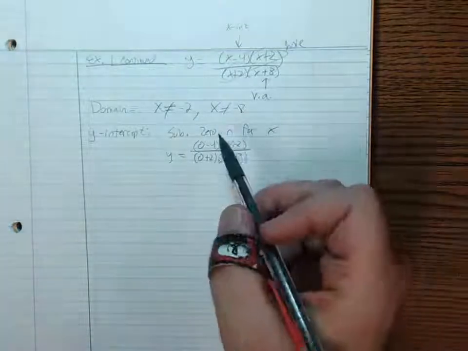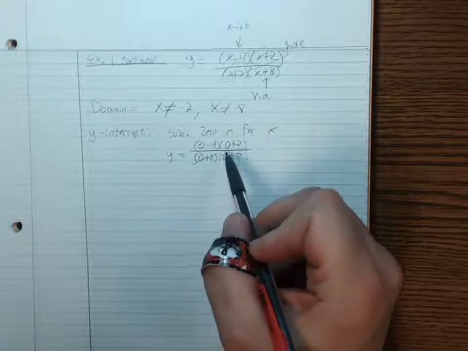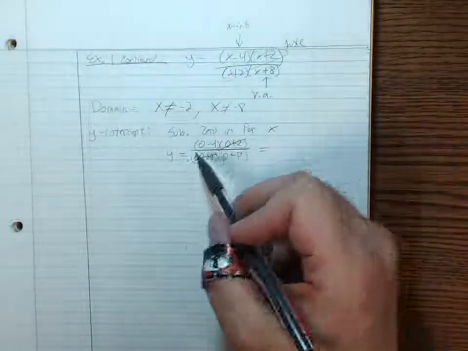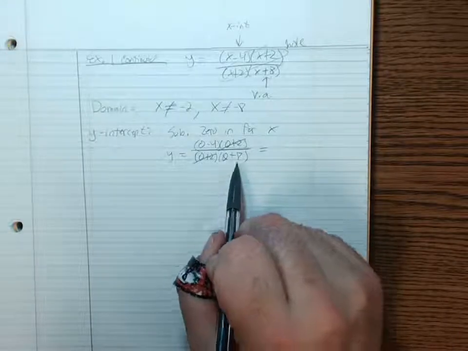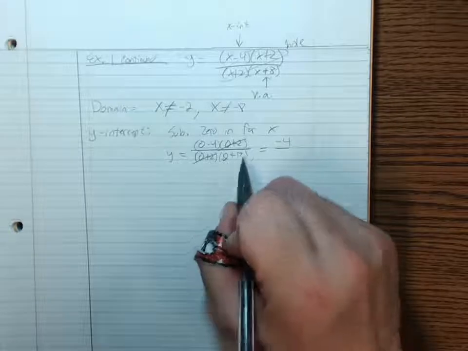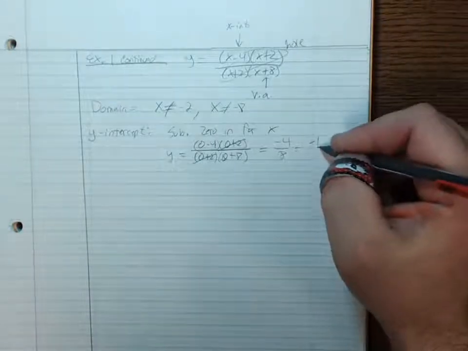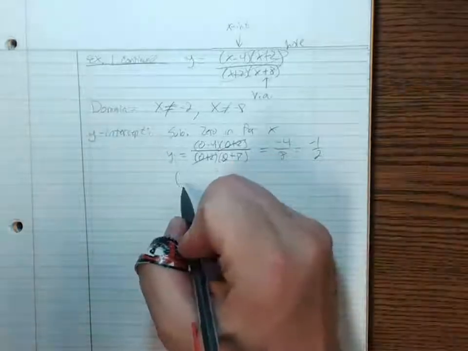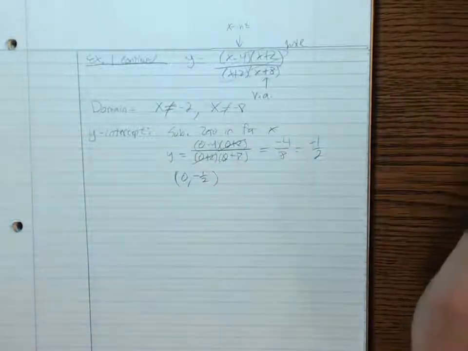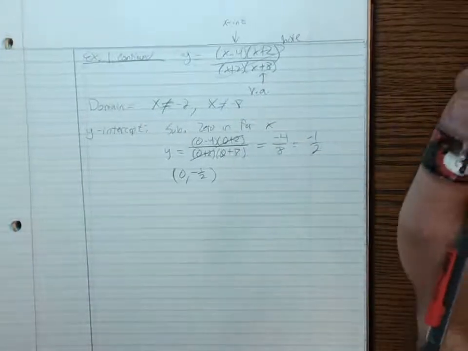And let's be honest, because I have a same factor top and bottom, I don't even need to worry about those two. So really, I just need to worry about the 0 minus 4 and the 0 plus 8. 0 minus 4 is negative 4. 0 plus 8 is 8. So I have negative 4 over 8, which reduces to negative 1/2. And I can write that as an ordered pair, 0, comma, negative 1/2. So all of those follow pretty easy.